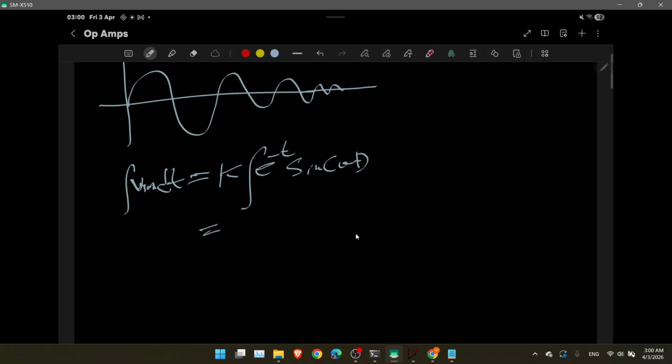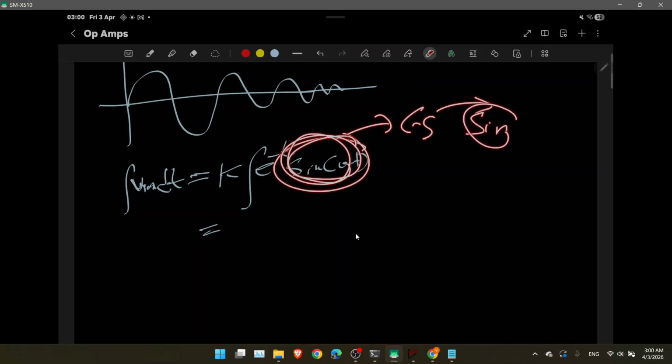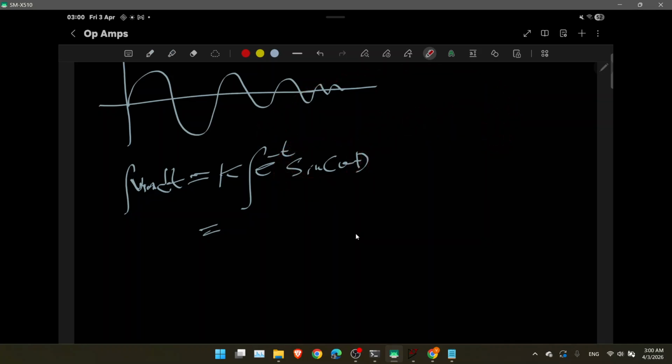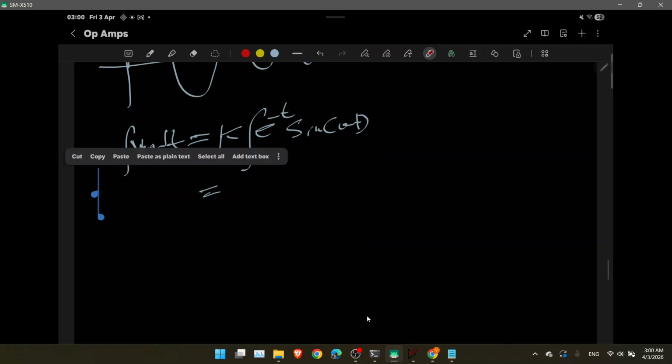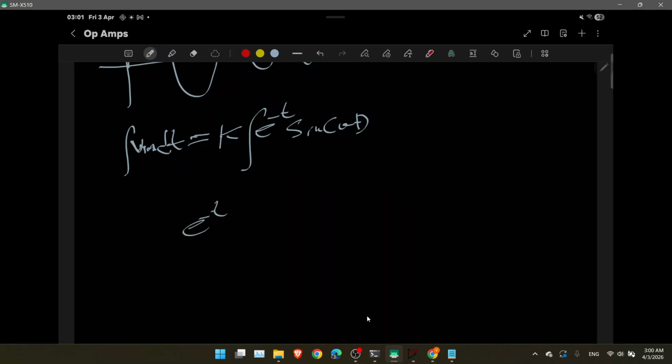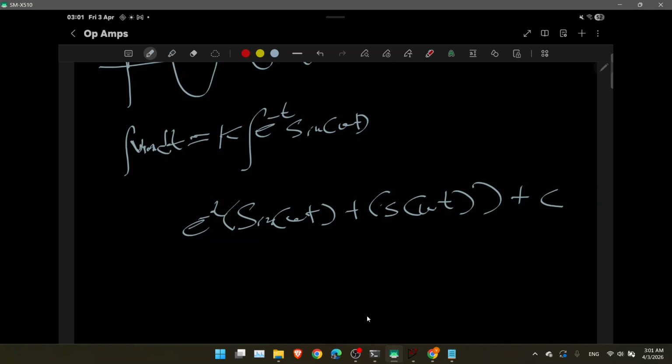You could use integration by parts twice, because once you do this sine becomes cosine, and again it becomes sine, and you can bring that to this side and end up with a good solution for the integration of this. I will write the answer. The integration of this is in the form of e to the minus t times sine omega t plus cosine of omega t, plus constants. I just write the simplest form.